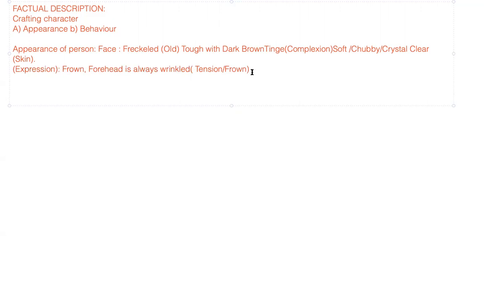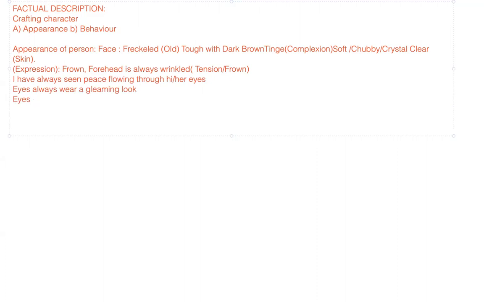Then there are other phrases which can talk about the person's behavior, like: I have always seen peace flowing through his or her eyes. Or the eyes always had a gleaming look.